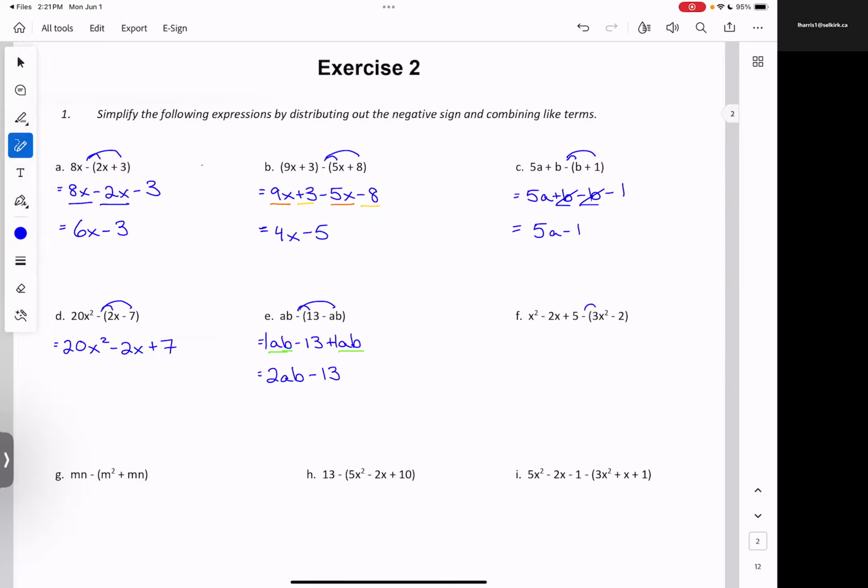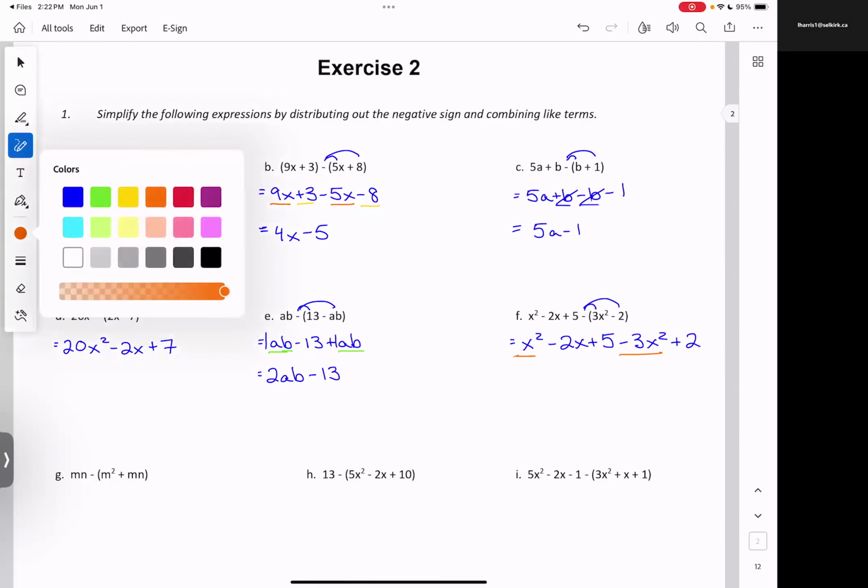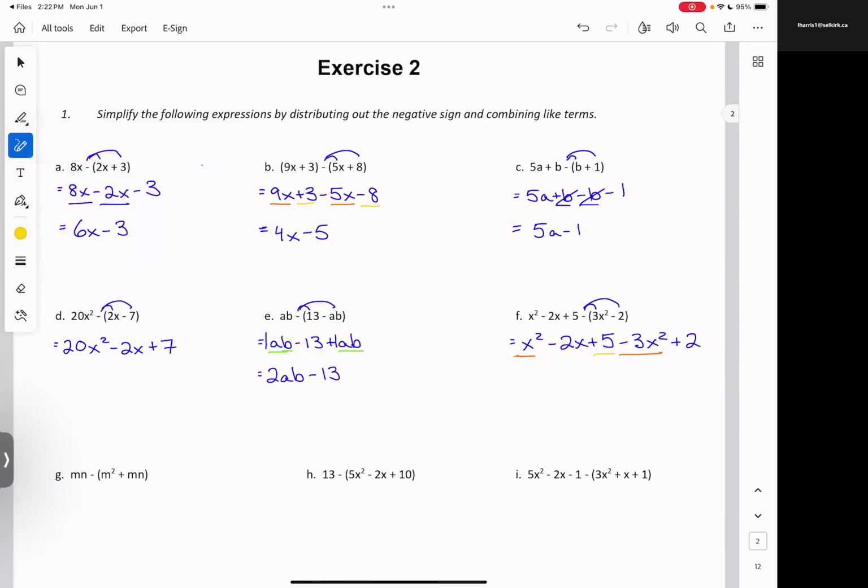All right, next one, we'll start by distributing out that negative. So then we get minus 3x squared and then plus 2. And then let's think about our like terms. I see a couple of terms there with x squareds, so those are like. And then I've got a couple of constants, so those are also like terms.